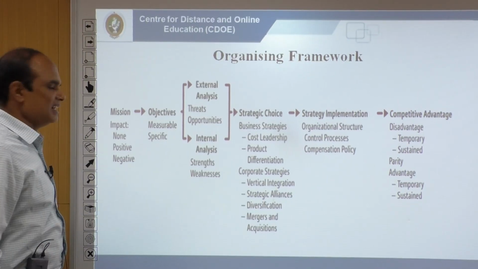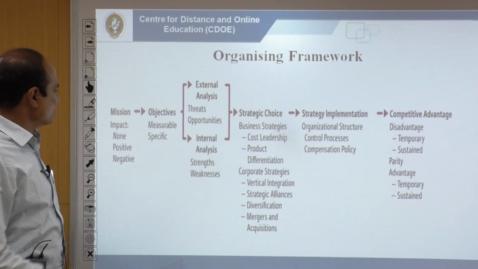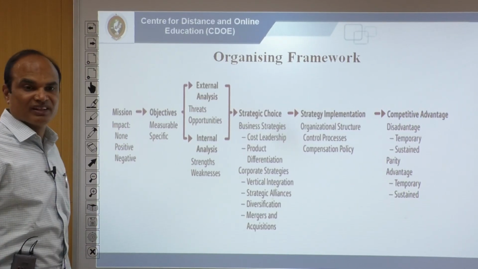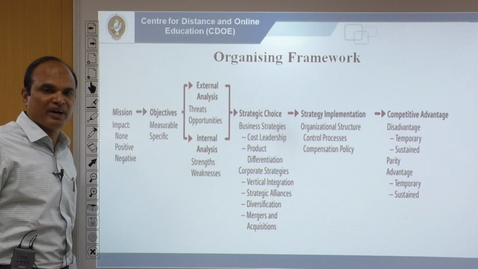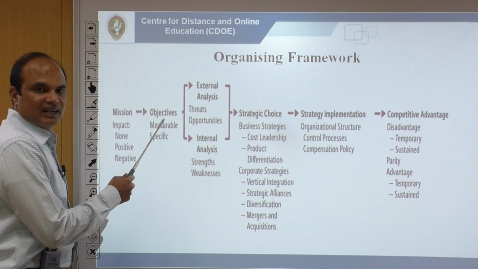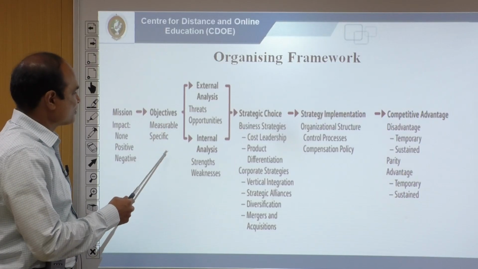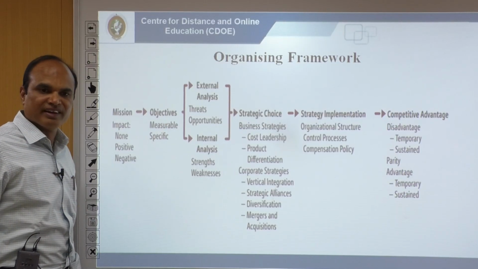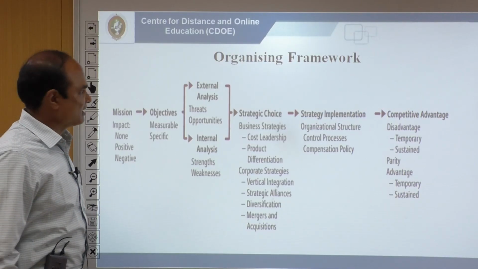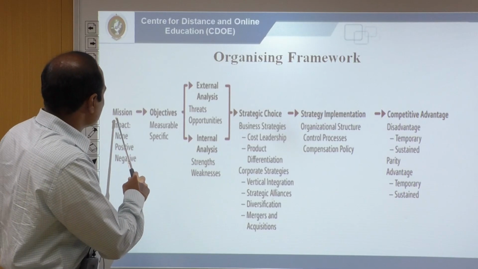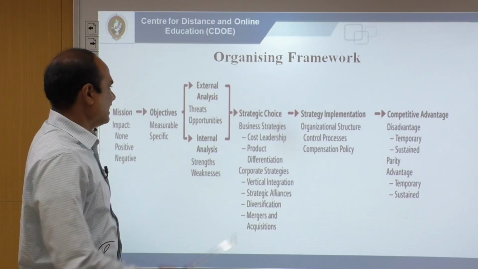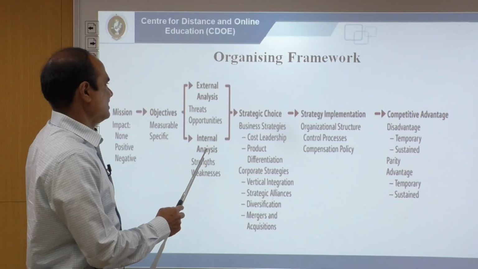It starts with the vision and mission. The vision and mission talk about the impact, whether negative or positive, and they depict the objectives, which are SMART: specific, measurable, and so on. Based on the vision and objectives, it leads to the external analysis and internal analysis.